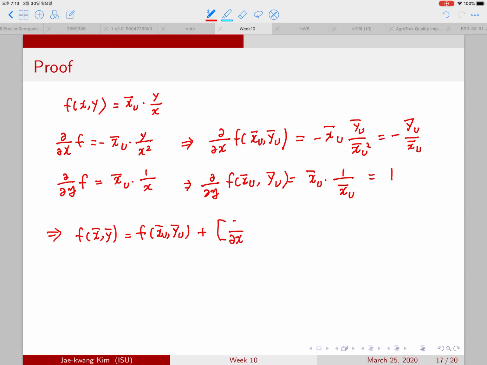So I'm just going to write it. So that is the linearization: x bar minus x bar u plus f y at x bar u, y bar u, times y bar minus y bar u.